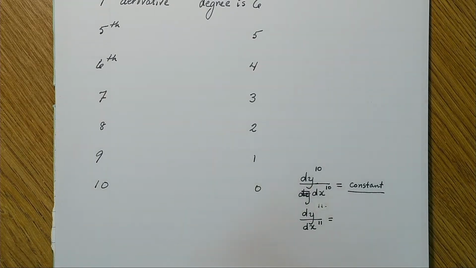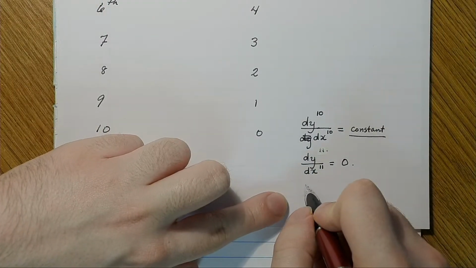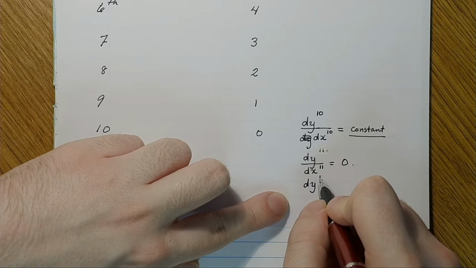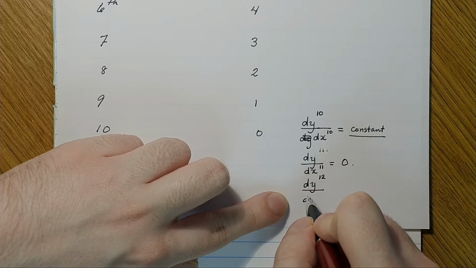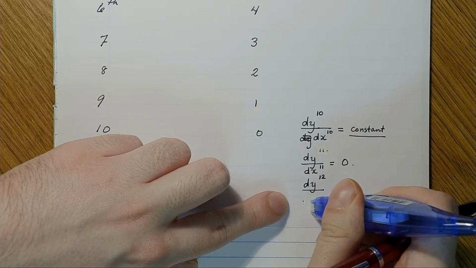Yes, exactly. It should be 0. And then, of course, the follow-up question would be, what's the derivative when I take it again? I keep writing dy.